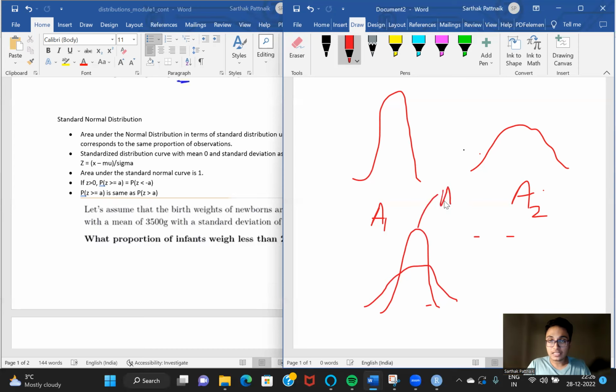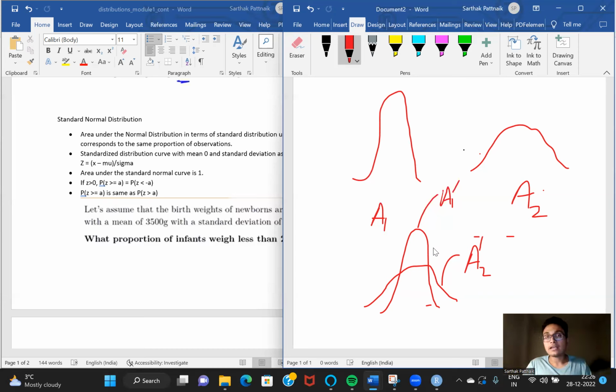Now, this is my standardized A1. I'll call this A1 dash, and this is standardized A2 dash. After I standardize both of them, their properties won't change. However, we have transformed them to the standard normal curves, which are A1 dash and A2 dash. Now it is much easier to study their properties.